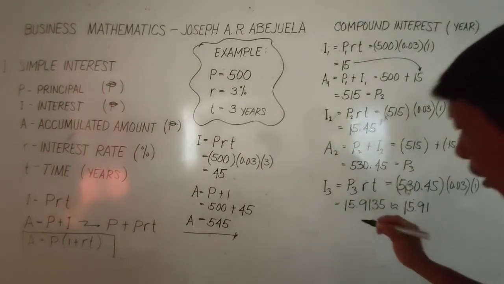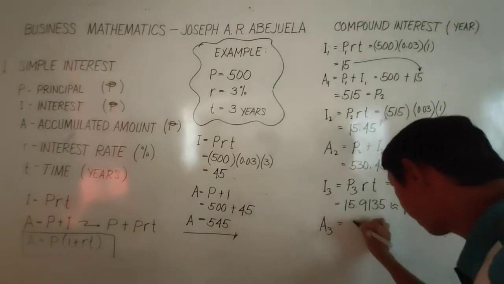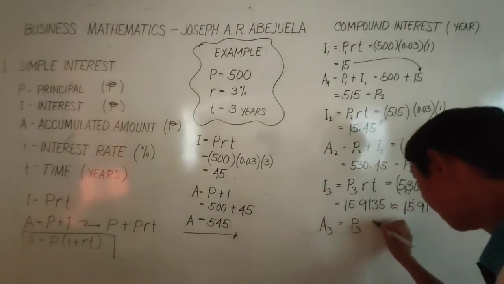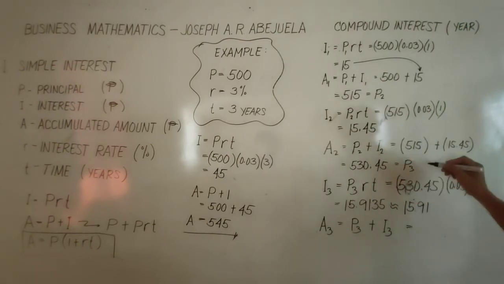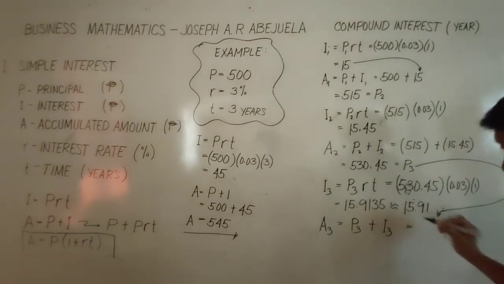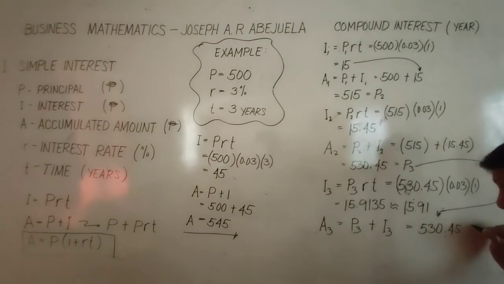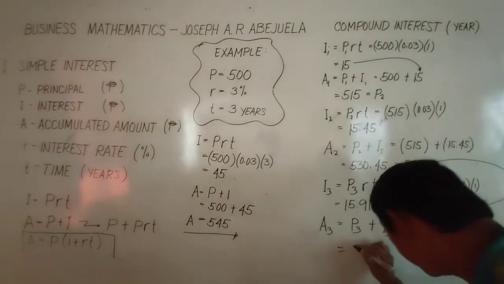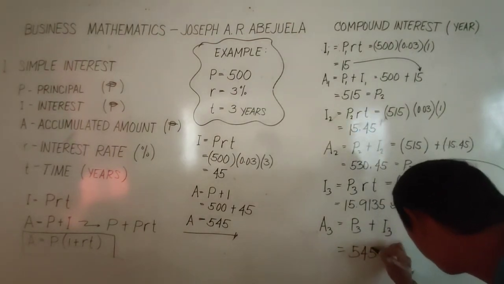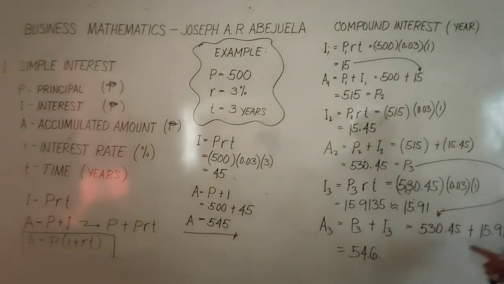So our accumulated amount on the third year, A3, equals P3, principal at the third year, plus I3, interest amount on the third year, which is P3 here, 530.45 plus 15.91 equals 546.36.